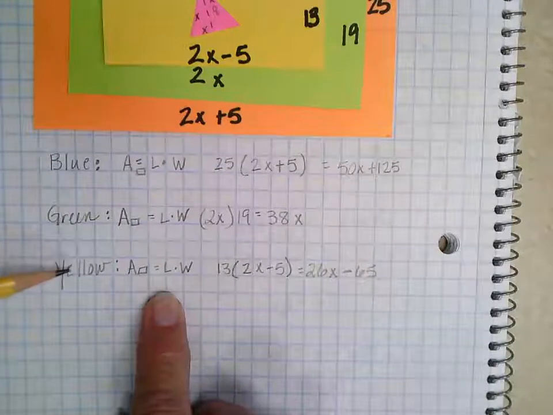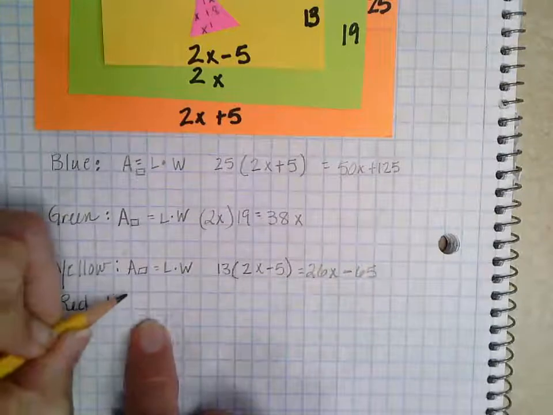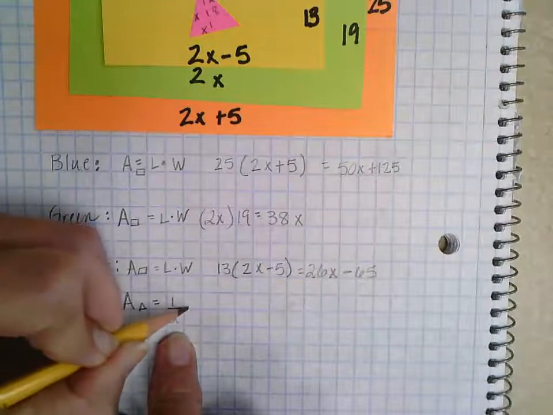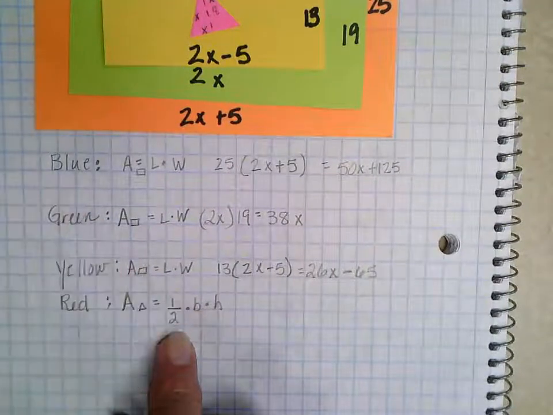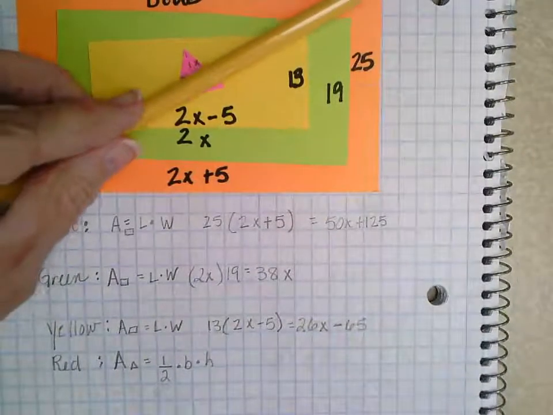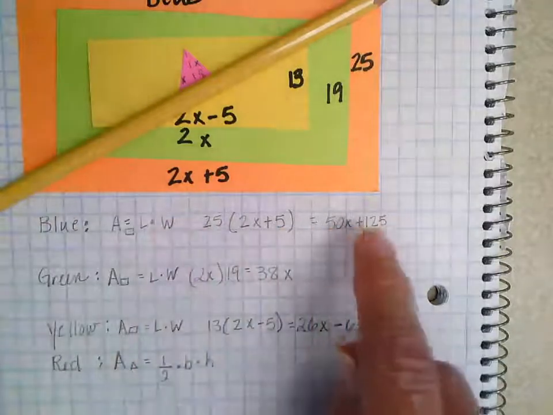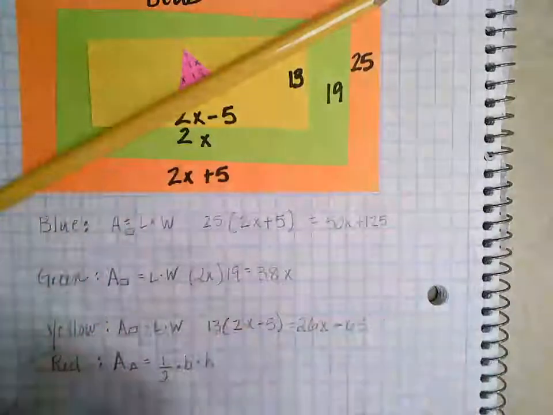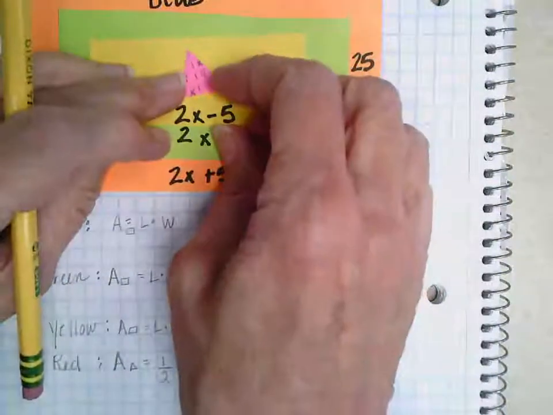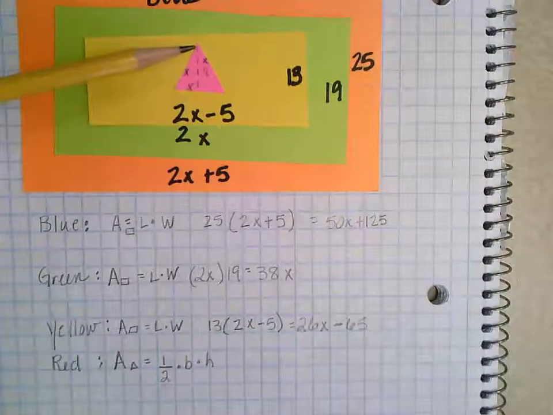And when I look at my red or pink triangle, I have to use a different formula for triangles, and that is 1/2 times base times height. Because half of a rectangle, if I was splitting these in half, I can see that half of my now orange rectangle does make a triangle. So you take a rectangle and split it in half and you can get a triangle.